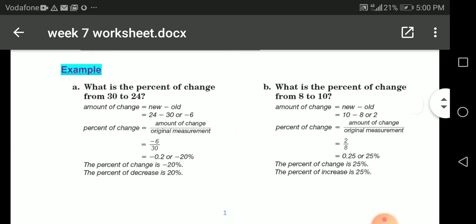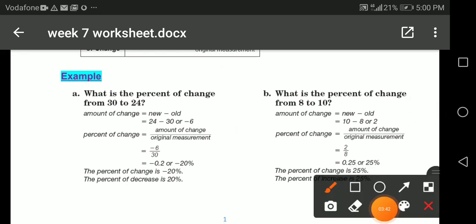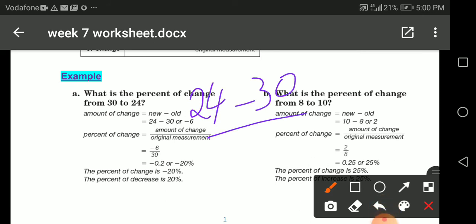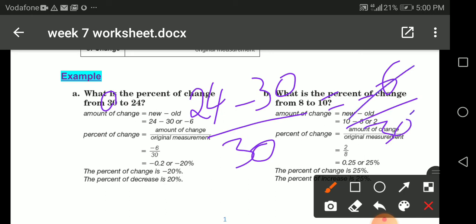Let's write it in very good handwriting for my dear students: 24 minus 30 all over what? All over the original. The original here is 30, so all over 30. 24 minus 30 is negative 6, all over 30. Can we leave it like this? No, simplify. Simplify means divide it.